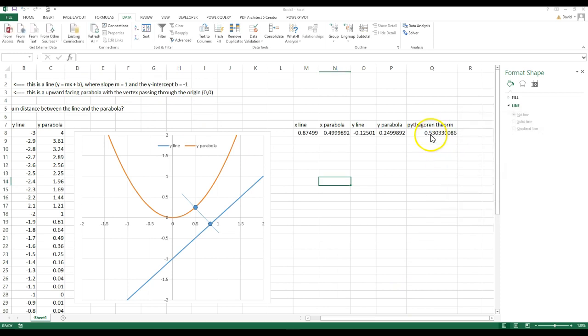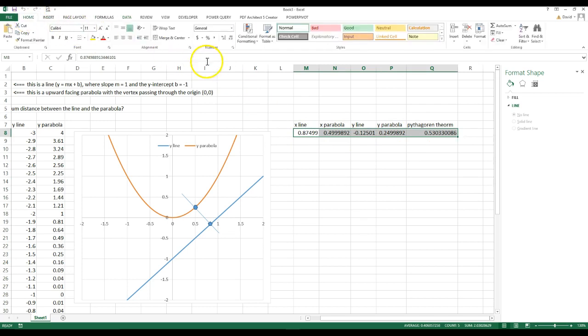If you remember right, it was 0.5303. Excel has a little bit of rounding error, so I'm going to highlight all these, go to Home, and take them down a couple of places, and it gives you a more exact-looking answer. If you round it, this is basically the exact answer: 0.875, 0.5, negative 0.125.